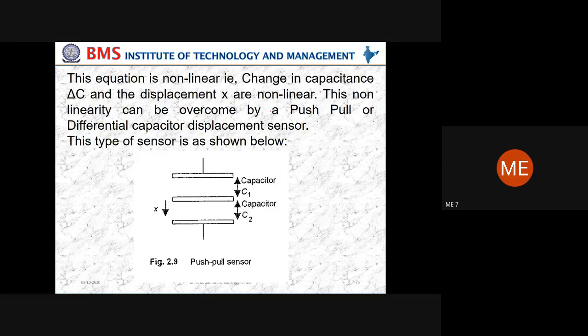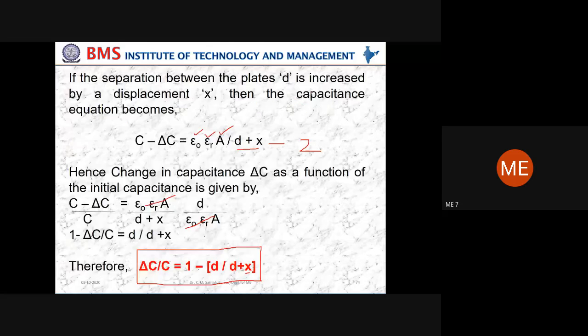Now just observe this very important parameter. The change in value of X and delta C is going to be non-linear, and if it is non-linear, what is the problem that you are going to get? If you design a sensor with a non-linearity, what is the error that you are going to get? Can you please recollect? What is the error that you can get?